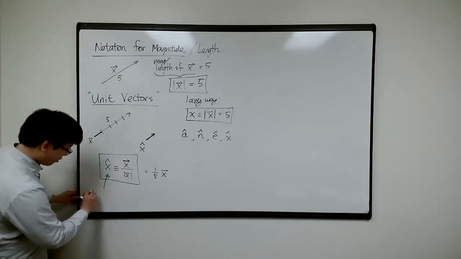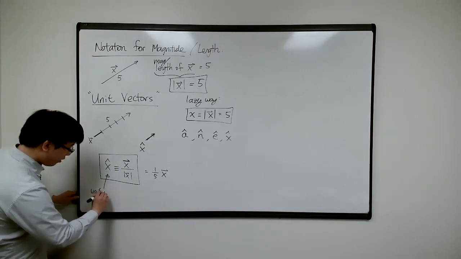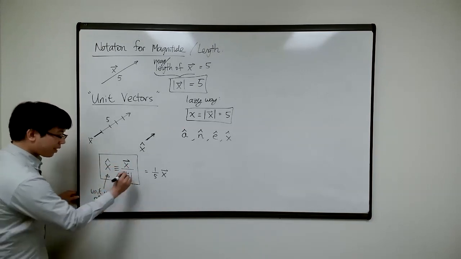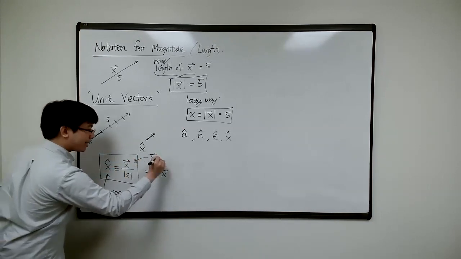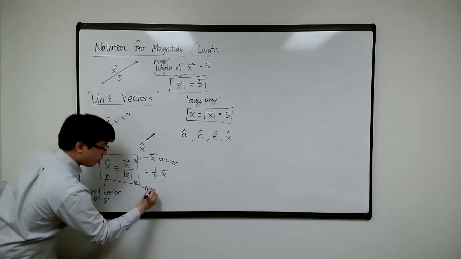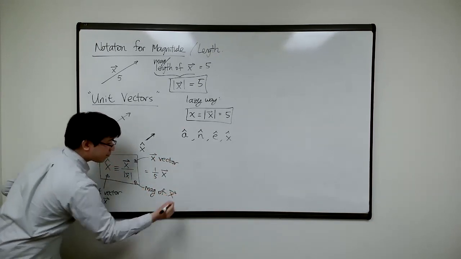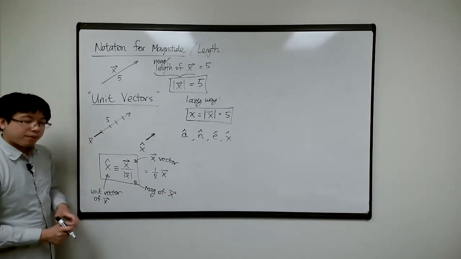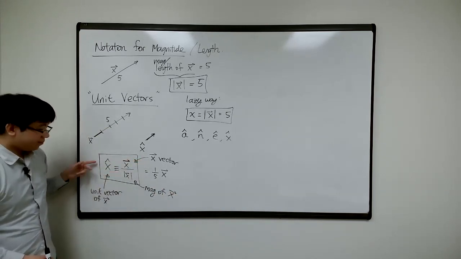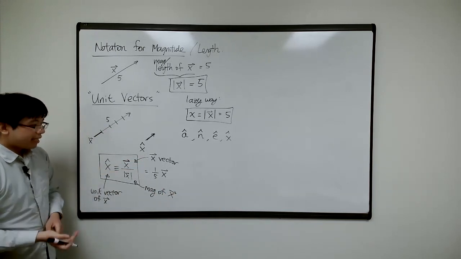So just to summarize that, the unit vector of x, this is the x vector and the magnitude of x vector, okay? Let me repeat that one more time. If you take the vector and divide by its magnitude, you get a unit vector, okay?